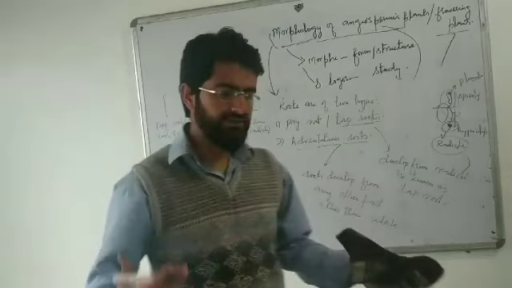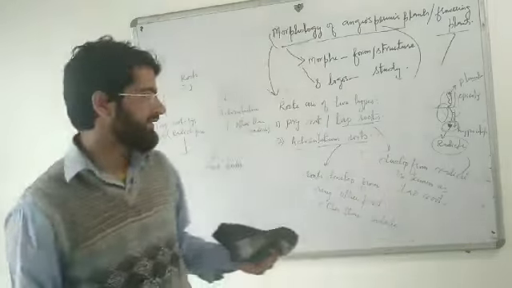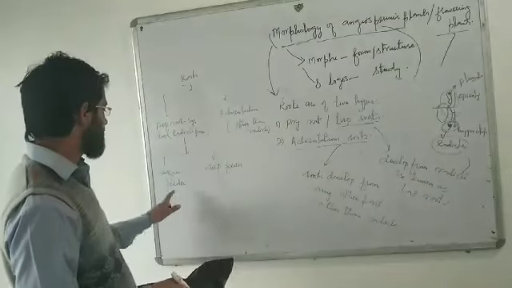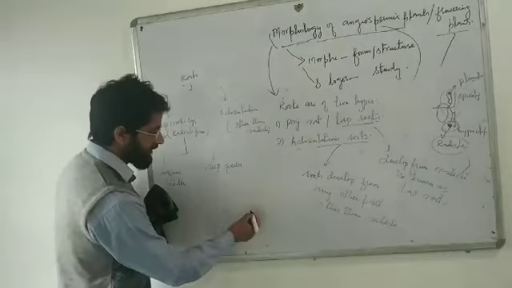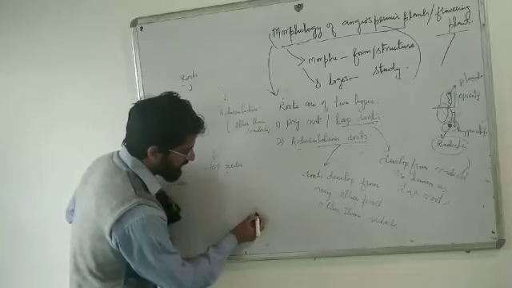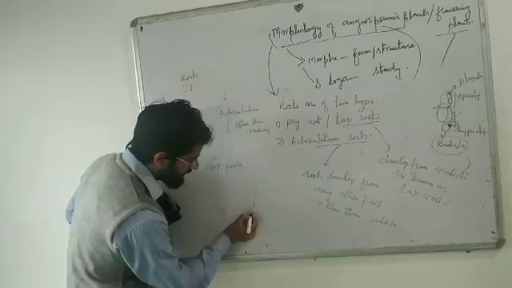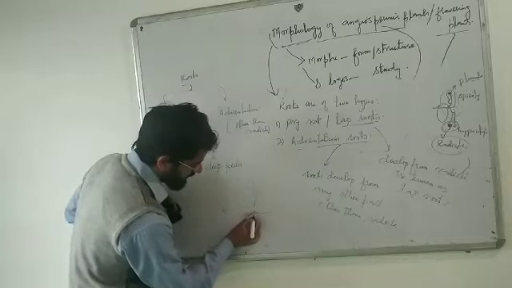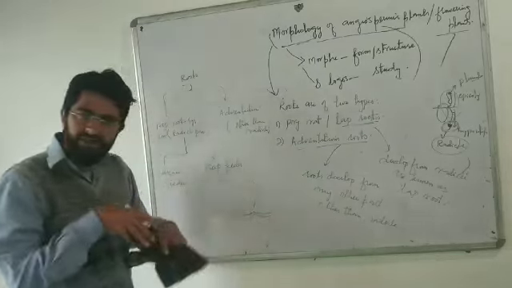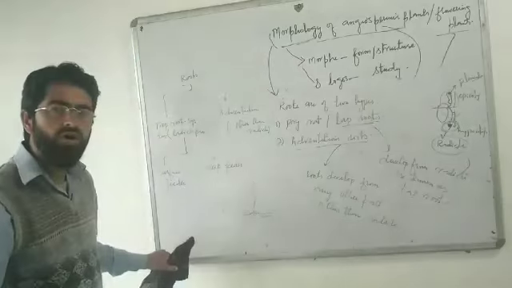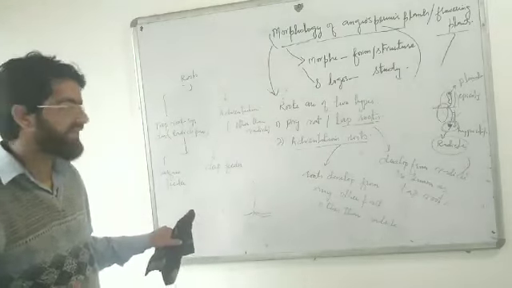What I've seen in agricultural fields is that some plants show their root patterns like this. If this is a plant, they have their roots like this. They don't penetrate deep into the soil but spread on or beneath the surface.